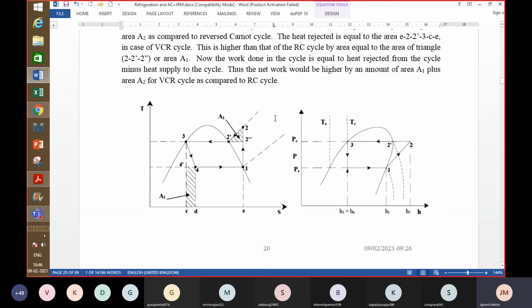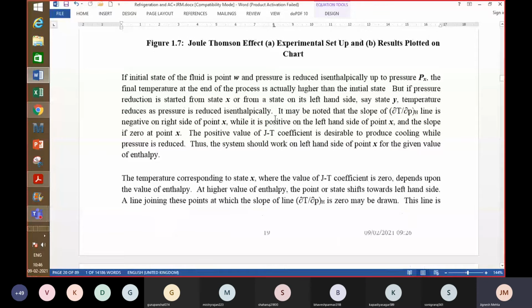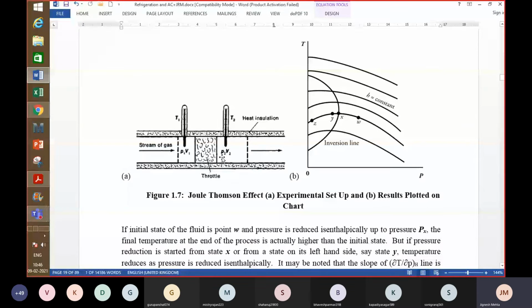You know how throttling is carried out, right? If you look at this, you have a porous plug, and there is high pressure, high temperature fluid on this side, and low pressure, low temperature fluid on this side. Once it goes from this side to this side, you cannot reverse it, right? Without consuming some work, without some external influence, you cannot reverse the process.